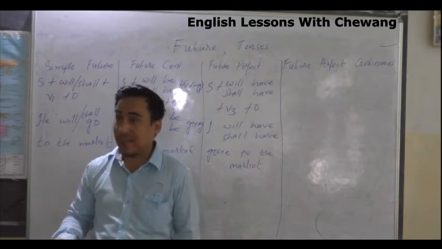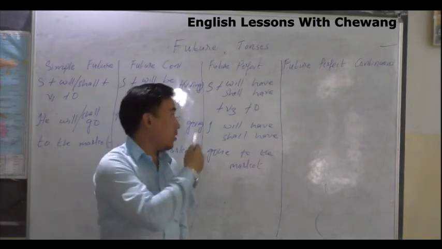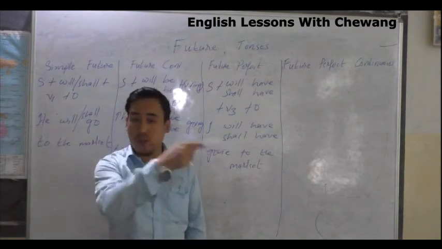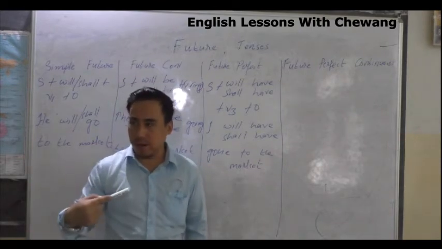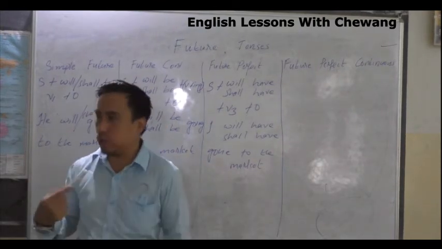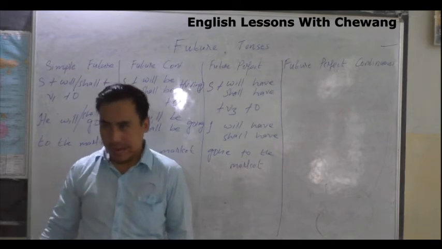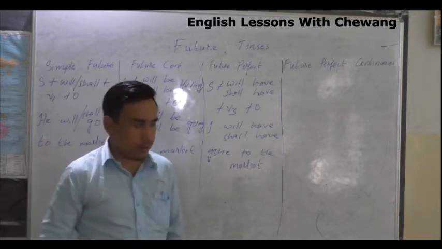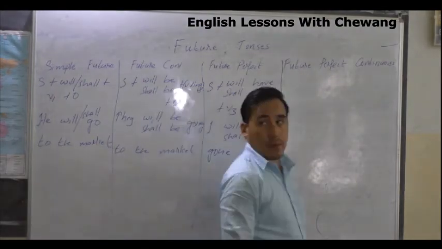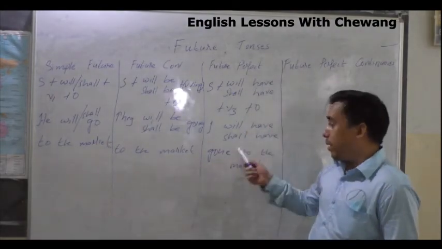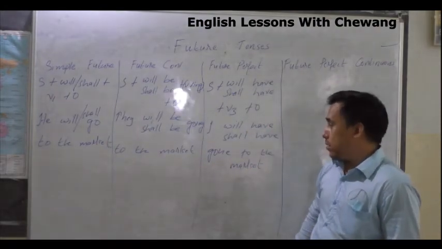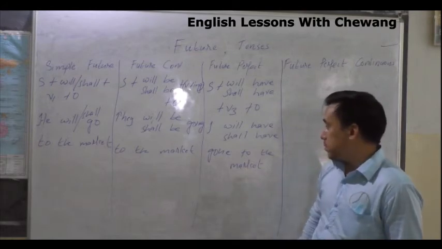Will have, not has. Okay, in future perfect or in future tense, basically everywhere. Okay, after will it will always be followed by have. Okay, alright. So I will have gone to the market. I will not have gone to the market.